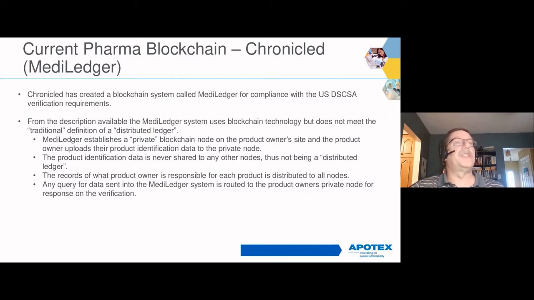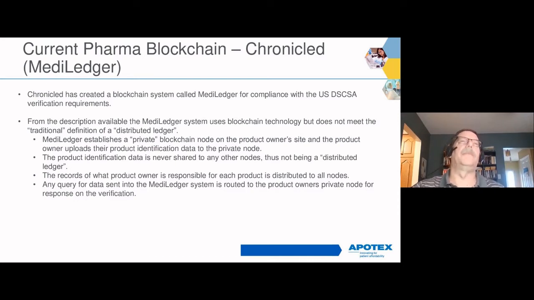They do have a second part of their blockchain, which is the record of what product owner is responsible for each product. And that is distributed to all of the nodes. So if you look at the lookup directory, as it's called, that's on your own node, you will be able to see where you have to direct your query to in order to get the track and trace verification for your serial number.